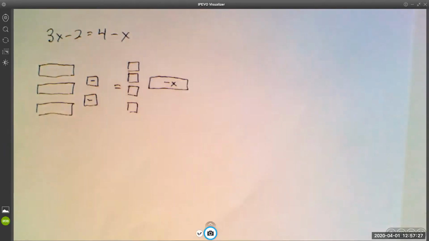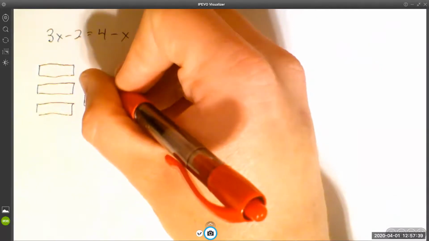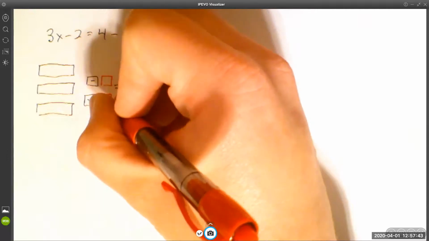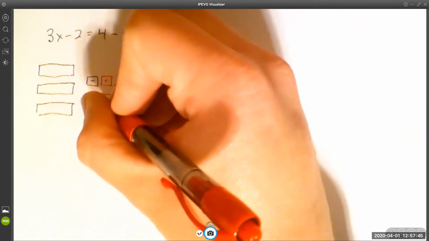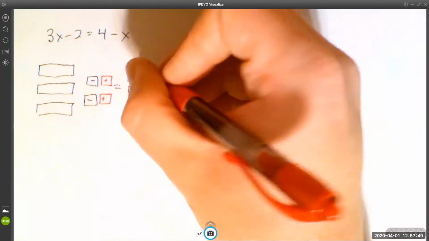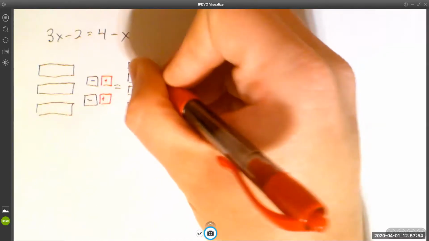As we've discussed in previous classes, a much easier way to do this is to just add the opposite, right? So I'm going to say, if I want to get rid of these 2 negative tiles, I'm going to add a couple of positive tiles. Okay? And I'm allowed to do that as long as I add on a couple of positive tiles on the right-hand side as well.